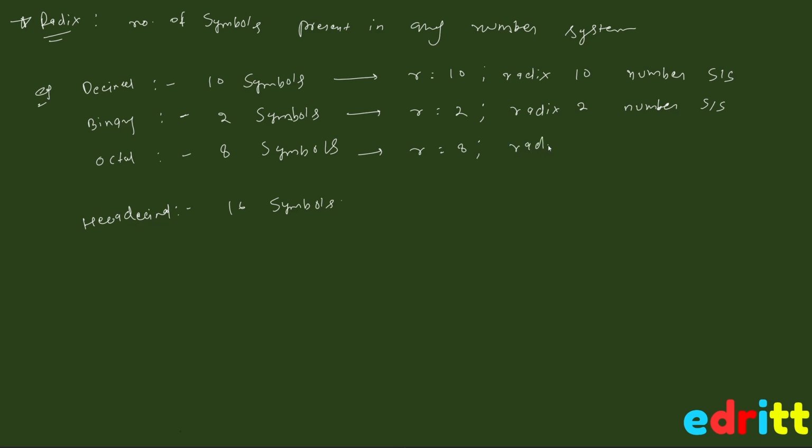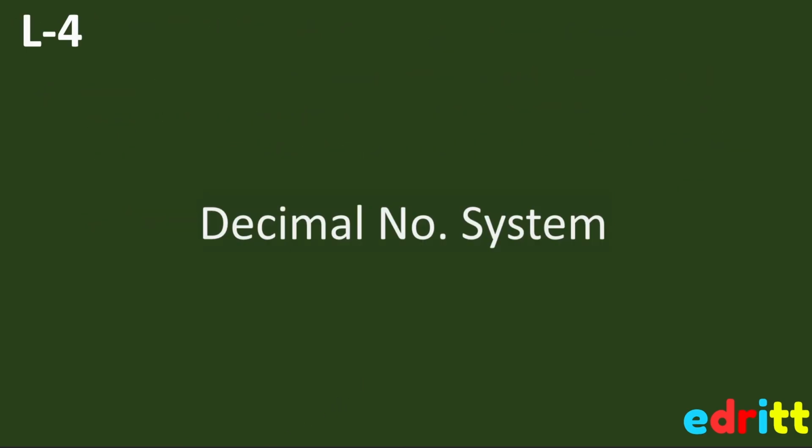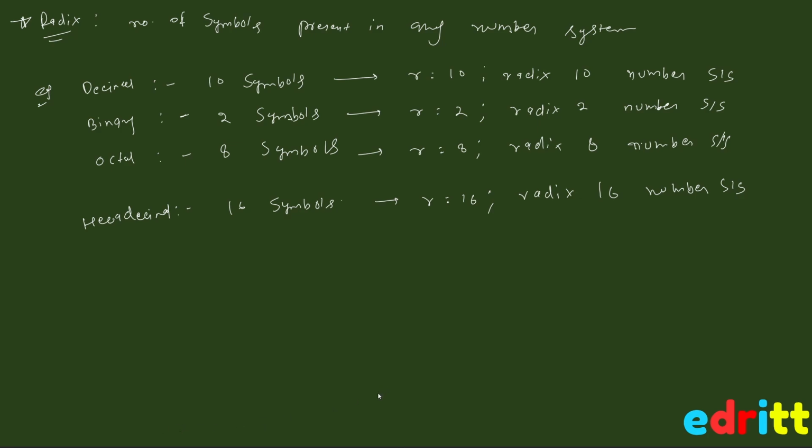We call it a radix 8 number system. Similarly, here we have 16 symbols, which means r is equal to 16. We call it a radix 16 number system. So in any number system, the radix defines the number of available symbols. Now, this completes the definition and whatever information is required for radix.